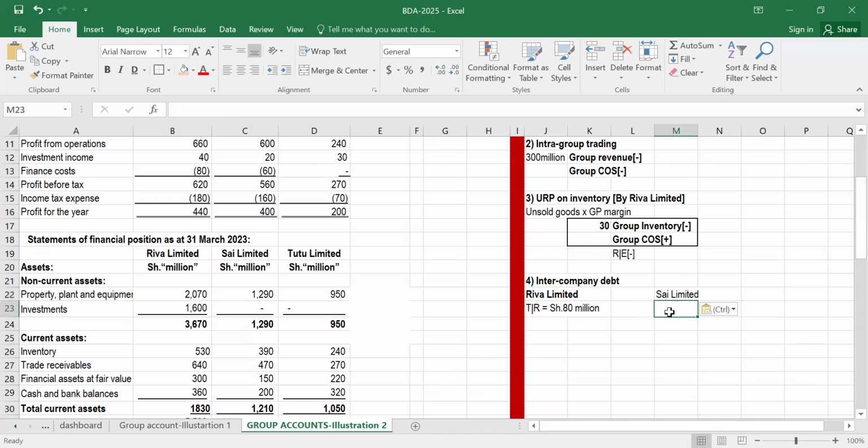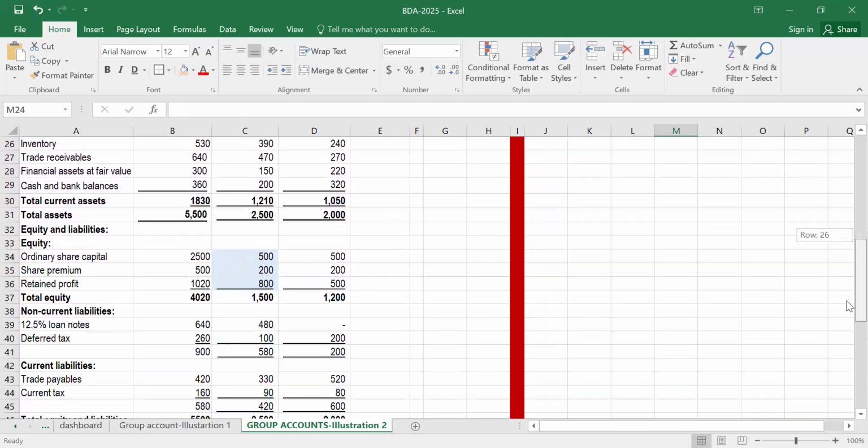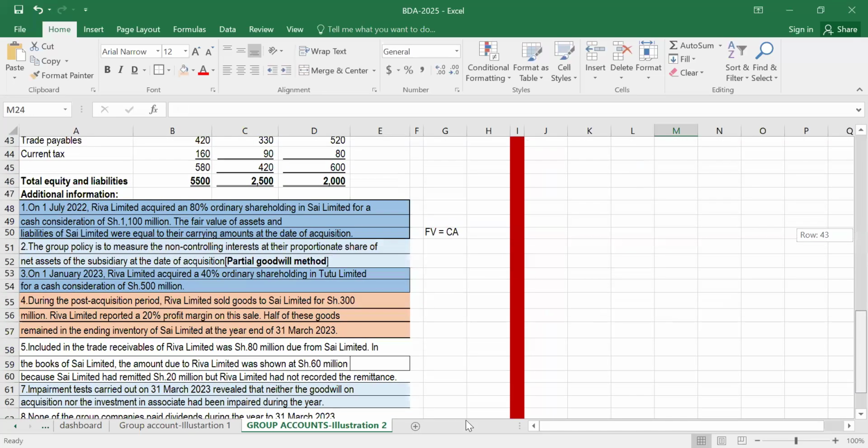So it therefore means that the trade payables of this company should equally have included a similar amount, that is 80 million. But is that the case? We are told that is not the case, because we are told the amount of intercompany debt is not the same. So let's go back to this point.